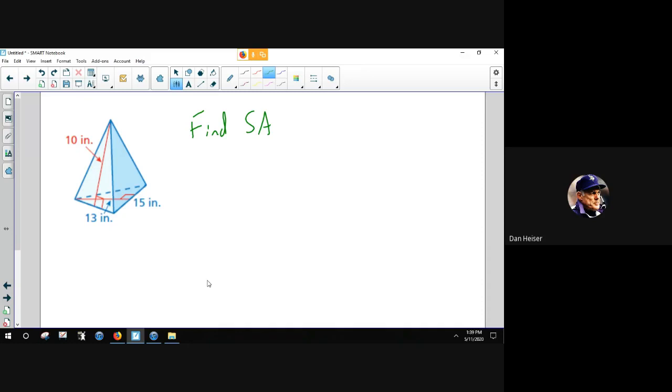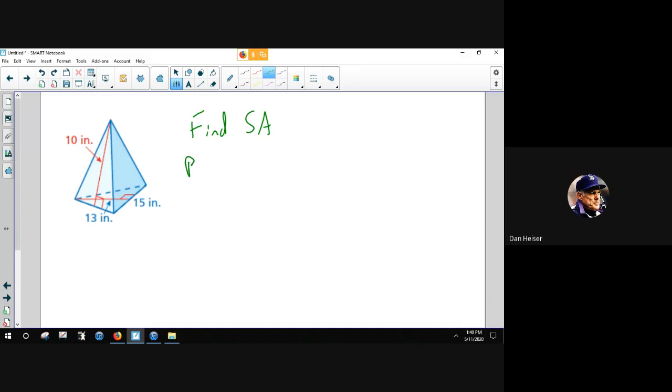The type of pyramid is what kind of base does it have? If it's a triangular base, it's a triangular pyramid. If the base is an octagon, like what we saw earlier, it's an octagonal pyramid, and so on. Square pyramid, the base is a square. Here's a triangular pyramid. Let's find its surface area.